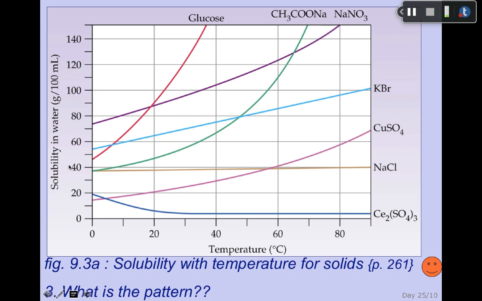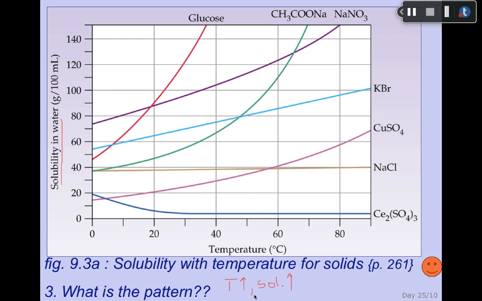As you heat them up, the solubility, which is the left axis, is going to generally increase. So as the temperature increases, the solubility also increases. I'm going to abbreviate this as SOL for solubility.